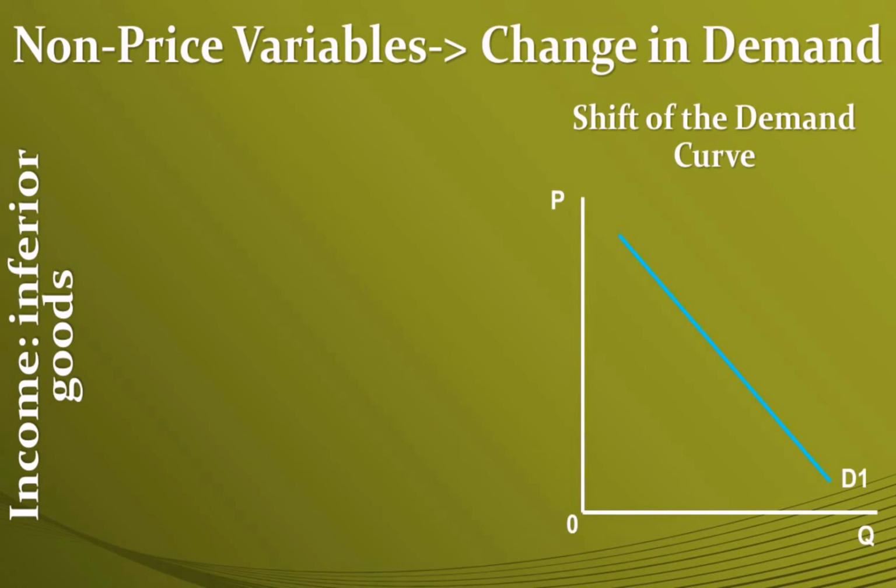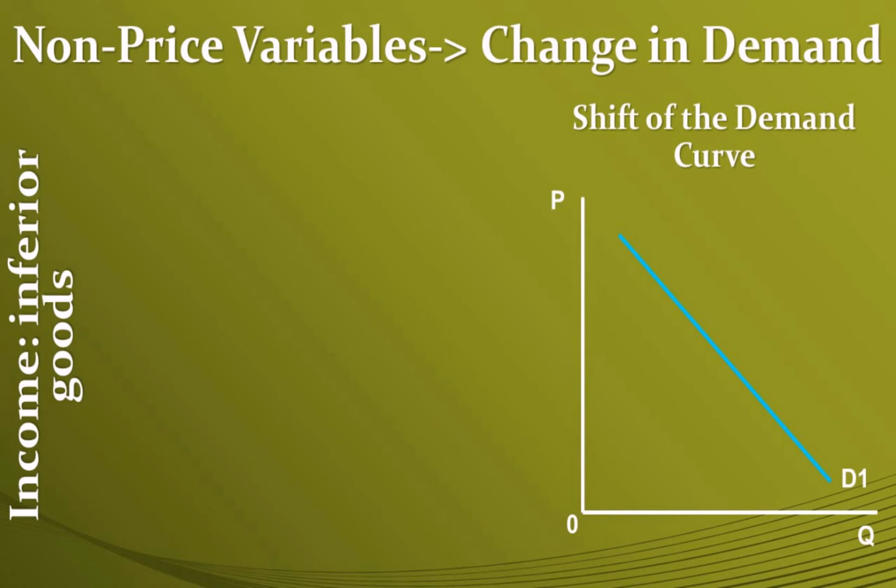Out of the non-price variables, a variation in the income, the case of inferior goods. Whenever you have a variation in the income, let's use the same numbers for the example we just had.